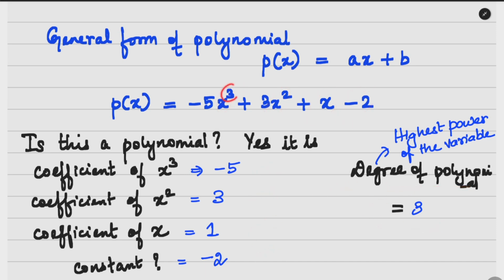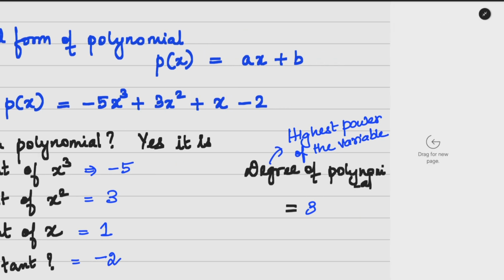Degree always refers to the highest power of the variable. So that is 3. Okay. Now can we do some questions with respect to the degree of the polynomial? You have to find the degree of the given polynomials.